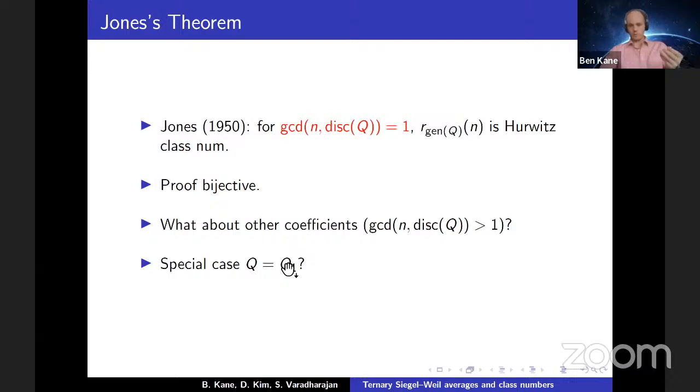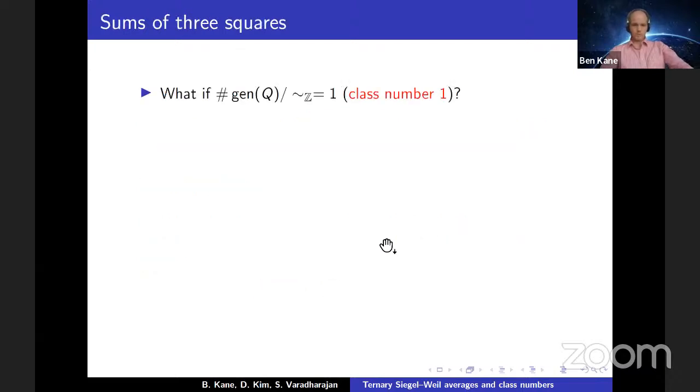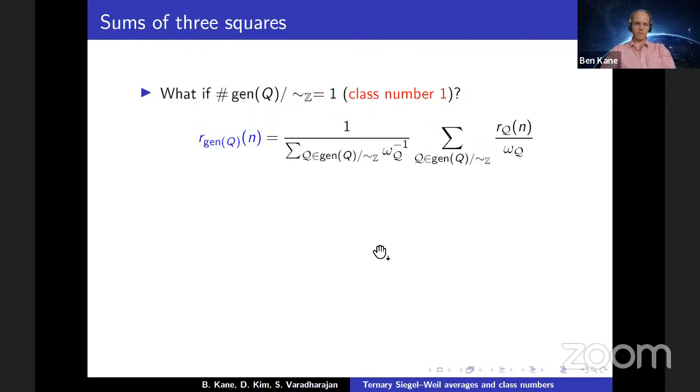Well, I gave you one example already, the sum of 3 squares, where we got some class numbers. So let's see how that goes. But we didn't look at the genus, we actually looked at the theta function. But there's something special going on there, because the genus modulo equivalence classes is actually 1 in that case.